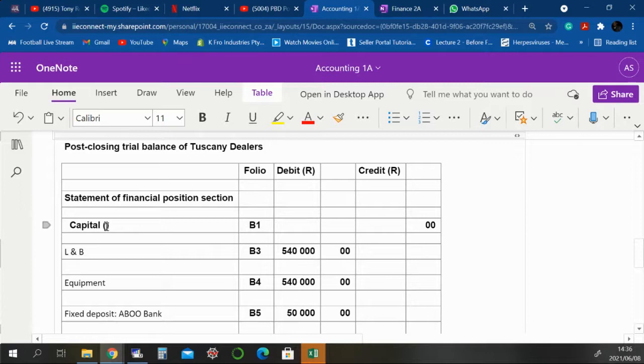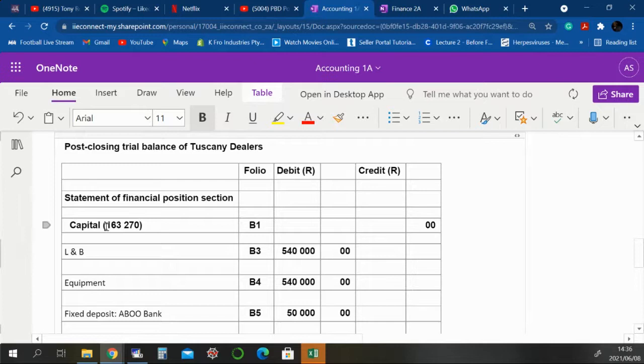Okay, so now we need the new balance for capital. So what we need to do is go to this pre-closing trial balance and say, what was the old capital balance? It was 163,700. But then we know that we had a profit. Profit is going to increase your capital.